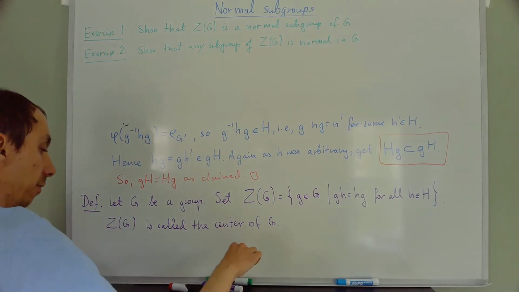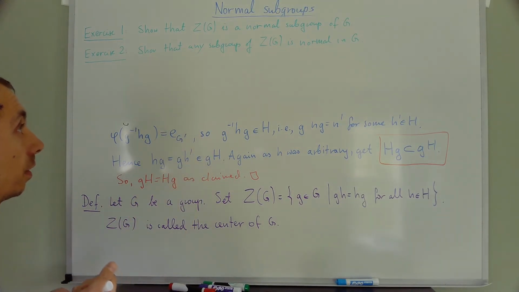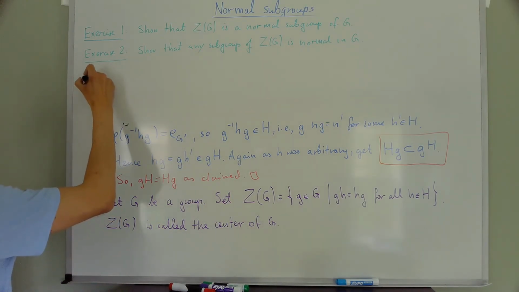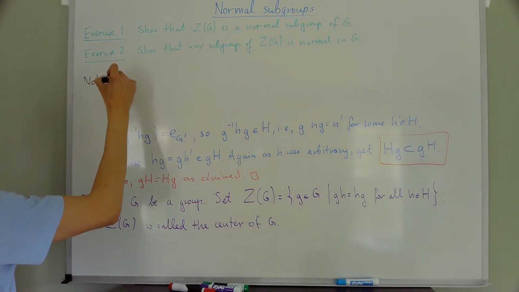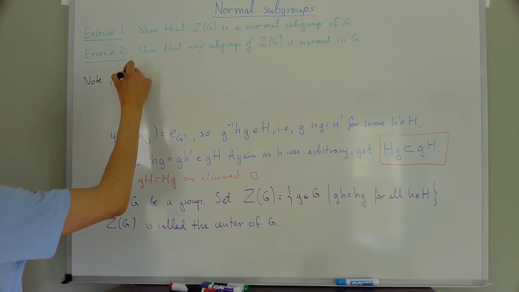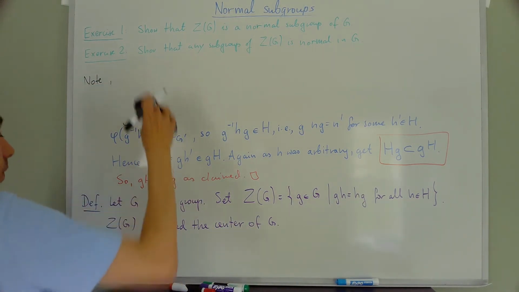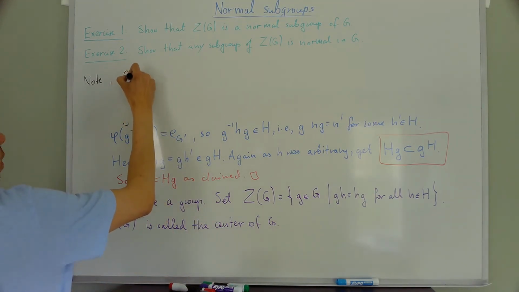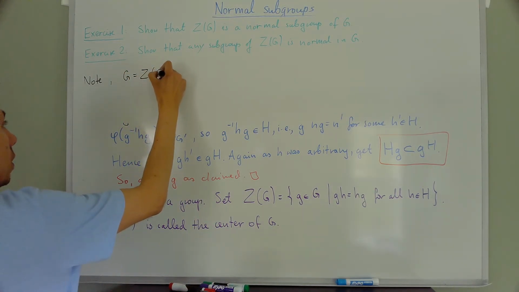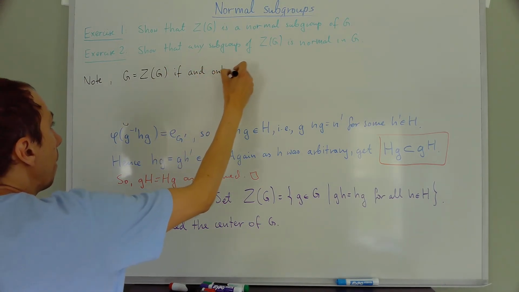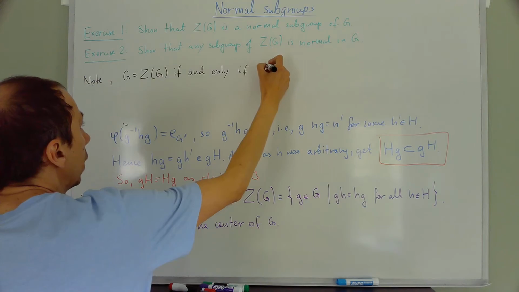We're going to give some examples of this, but one obvious example, note, G is equal to its center if and only if G is abelian.